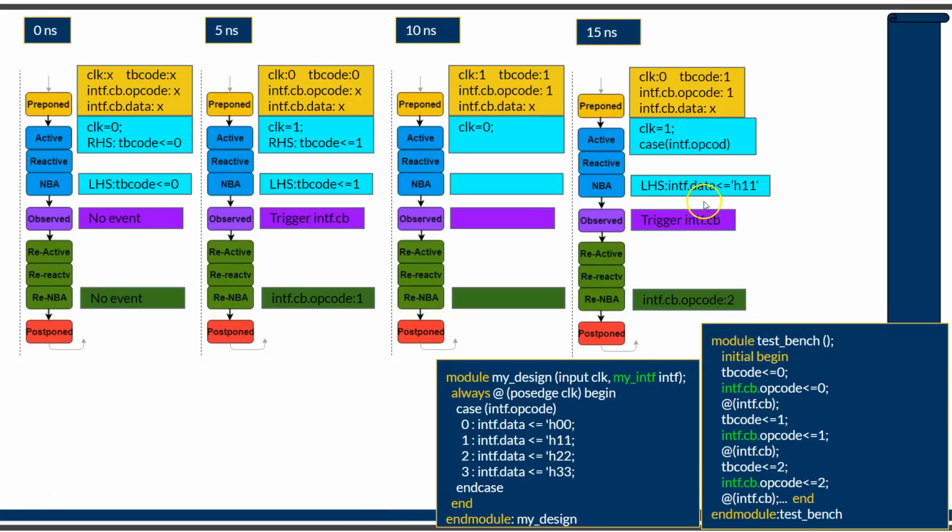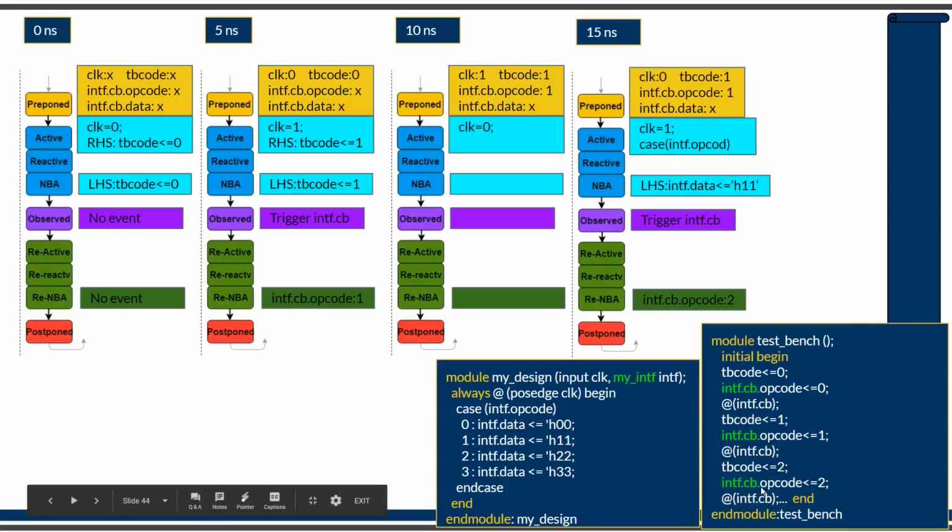Again, this clock was getting changed from 0 to 1, so this will trigger the clocking block of the interface. That will again trigger this particular wait, and as we have already discussed in the previous video, since it is triggering, it needs to execute one more NBA assignment, but since it is already past the observed region, no feedback is possible at this point.